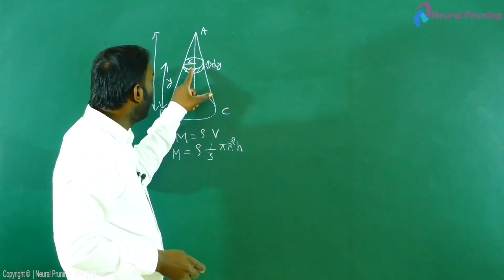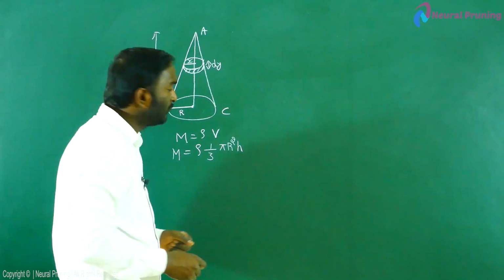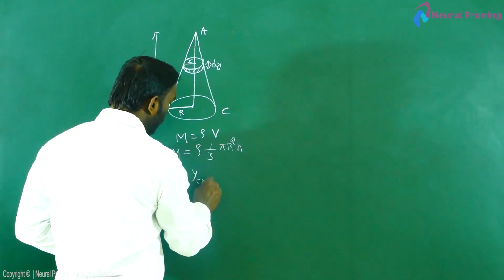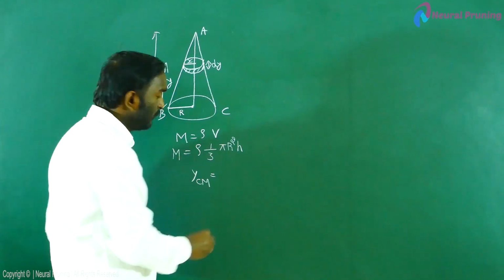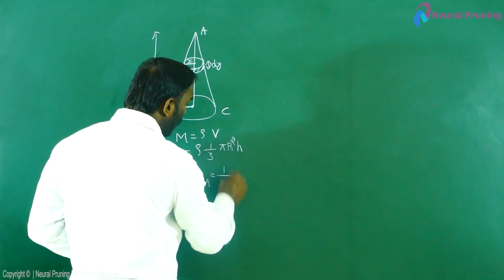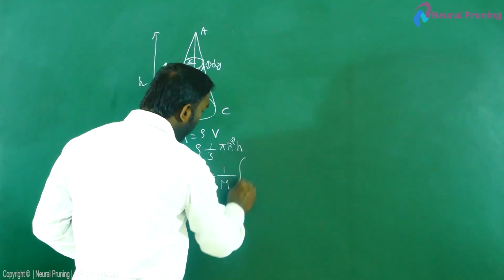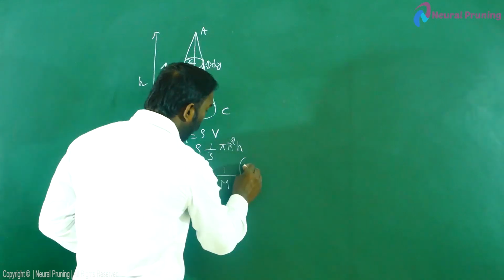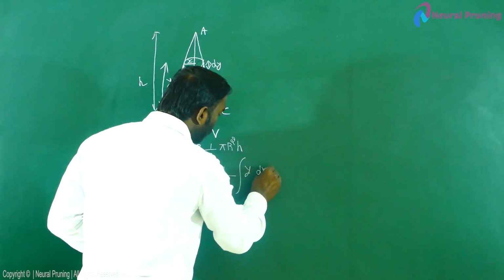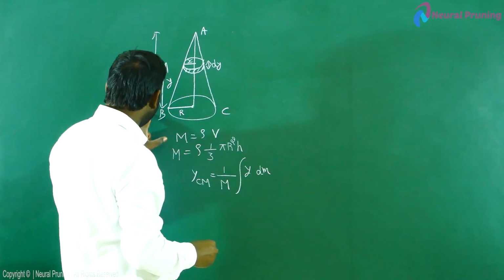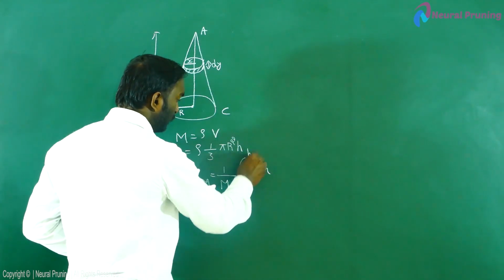You know how to find the position of the center of mass. YCM is equals to 1 by total mass into integration of y into dm from 0 to h.